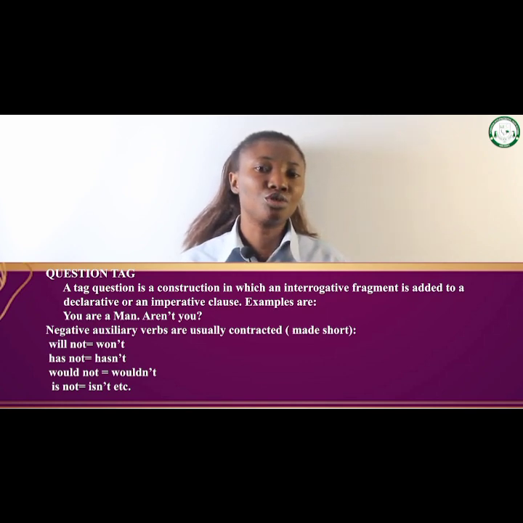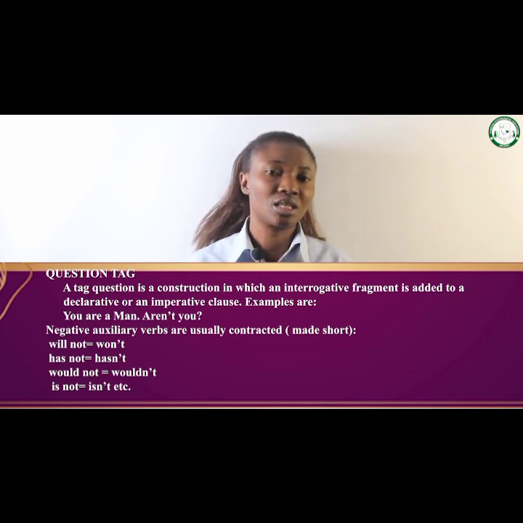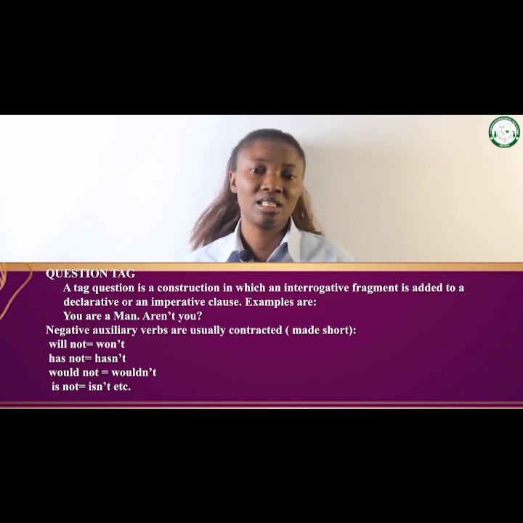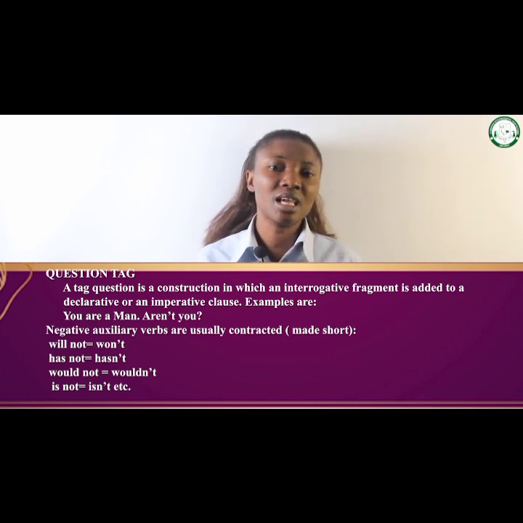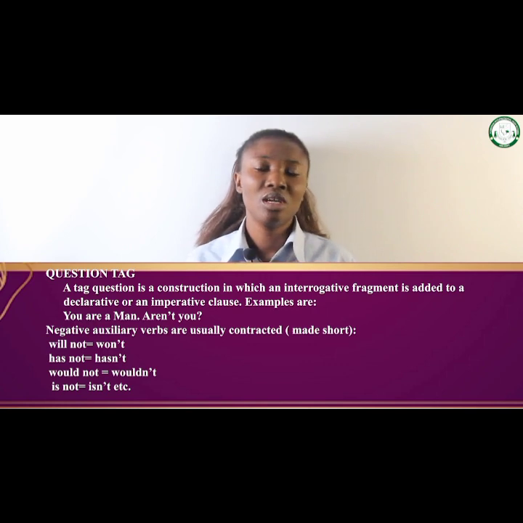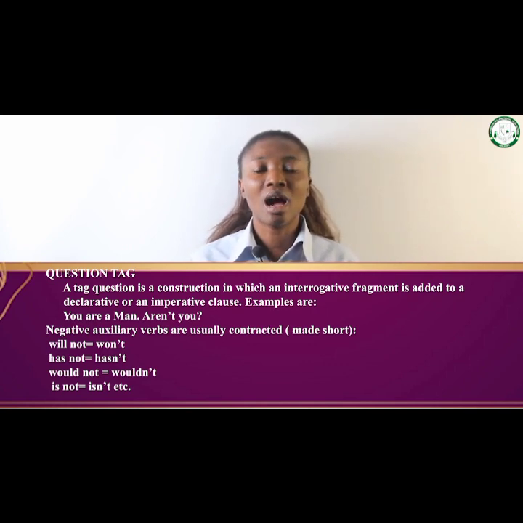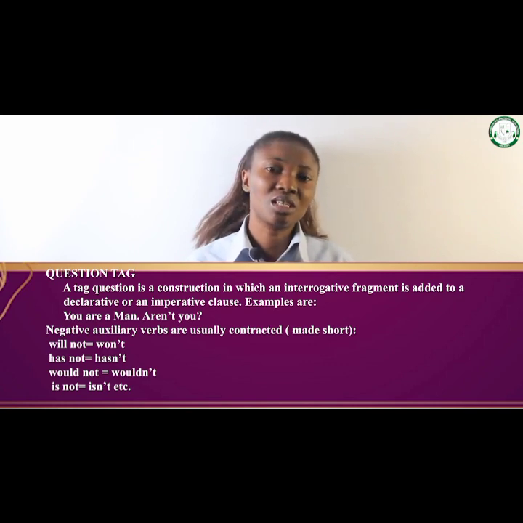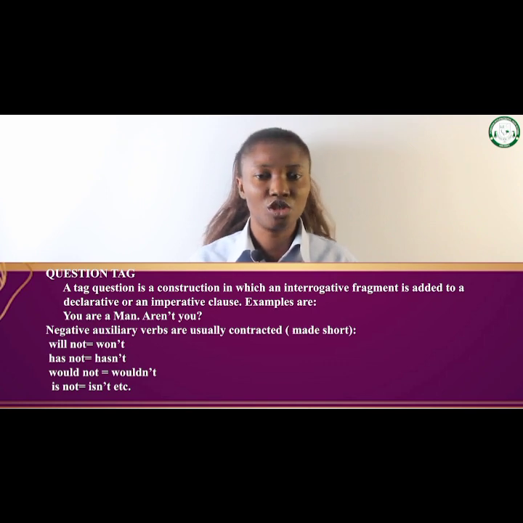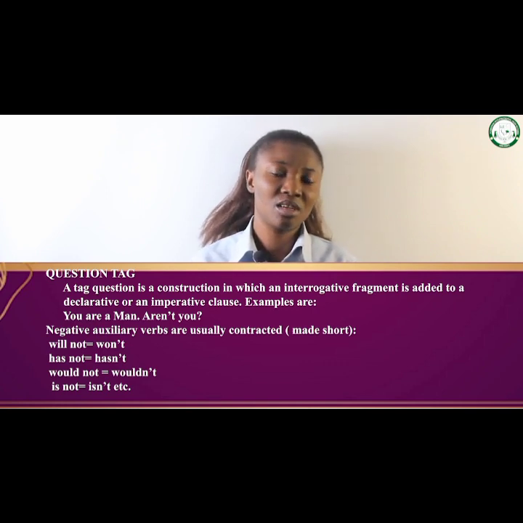There is something I want you to pay attention to in question tag. If the statement is in positive form, the question tag will be negative form. Or if the statement is in negative form, the question tag will be in positive form. And most times, when question tags are asked, they are used with abbreviation of auxiliary verbs.